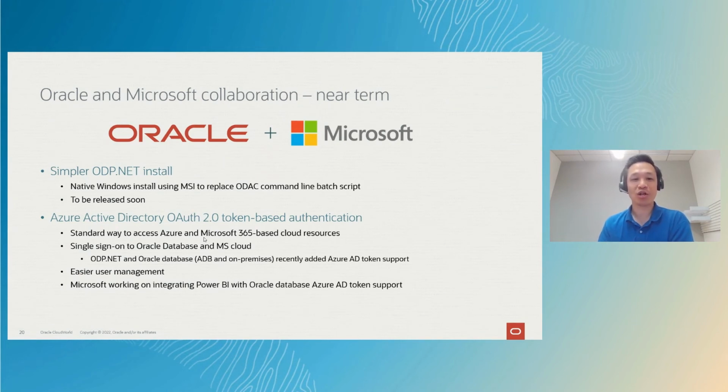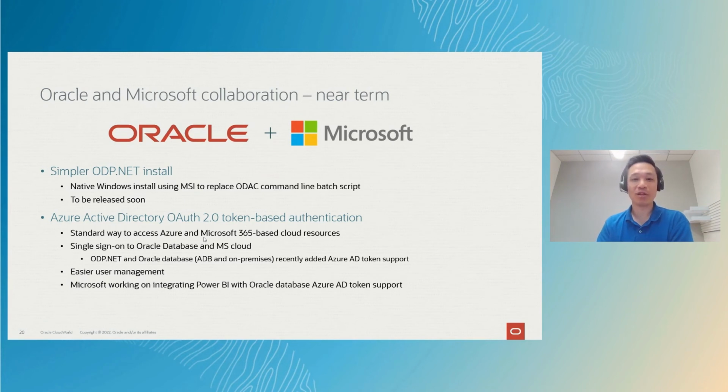This will make it easier to manage connectivity between Oracle and Microsoft. It will give the ability to do single sign-on between Microsoft Power BI users and Oracle Autonomous Database users, and it will also be easier to manage for those administrators who have to manage those two sets of users in the Microsoft Cloud realm and the Oracle Cloud realm.